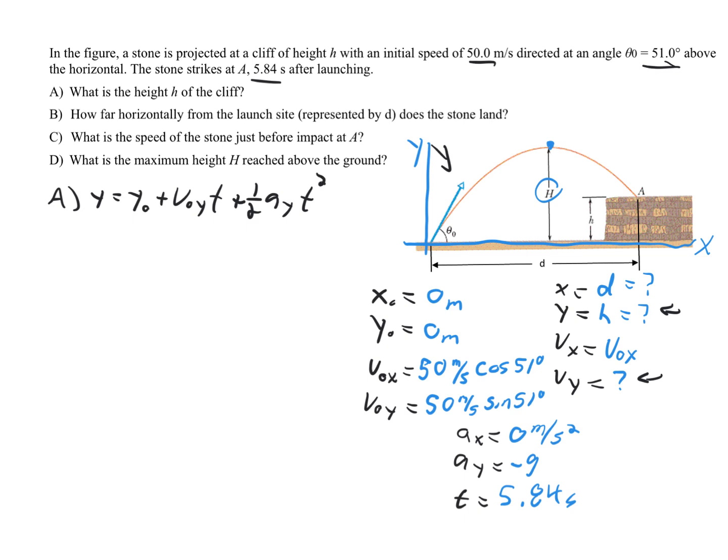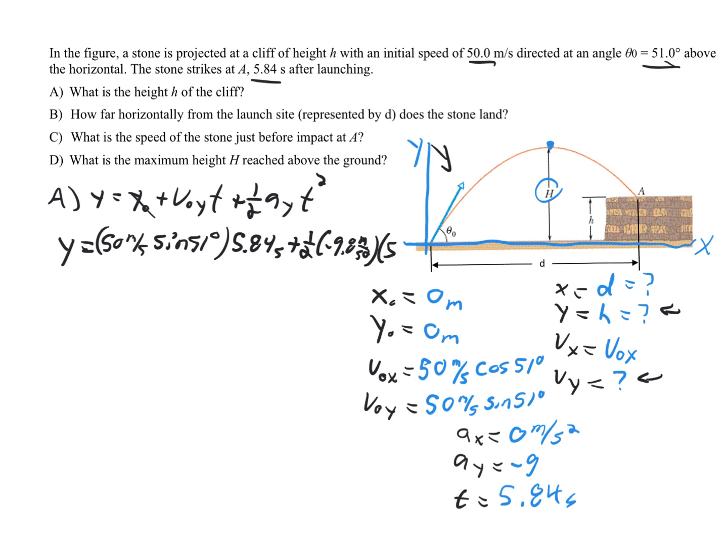So in this equation, we know all of our different variables other than the height. Man, this is a little bit of an easy one maybe. So y final, the height that we're trying to find, is just going to be equal to 0, that's y initial, plus v initial y, which again is our 50 meters per second multiplied by the sine of 51 degrees multiplied by our time, 5.84 seconds, plus 1/2 our acceleration, which is negative 9.8 meters per second squared, multiplied by our time quantity squared.